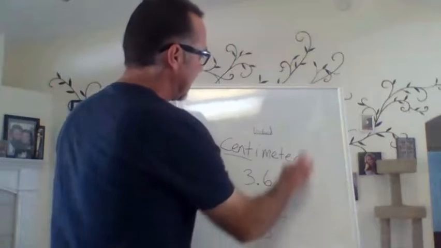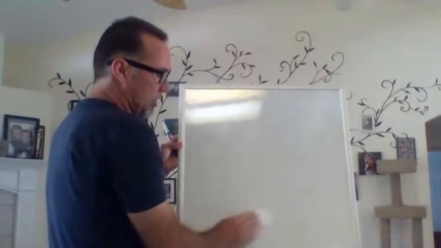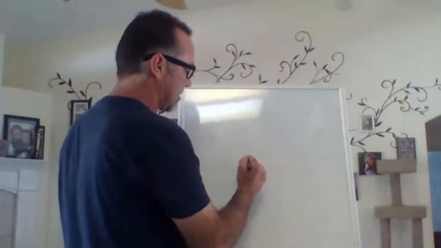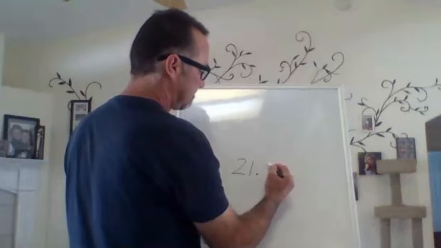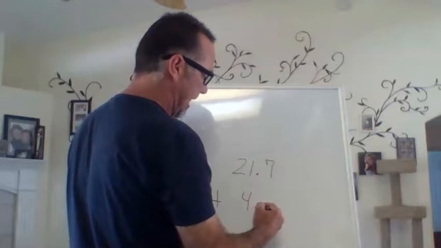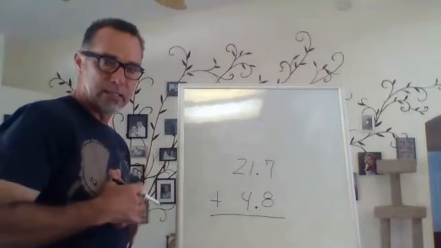Now, in the case of centimeters and the metric system, you notice the place value, again, as adding and subtracting with decimals. If I had a bigger number, it's no big deal. Just line our place values up to add them up. Okay, so let's say it's 21.7 centimeters.